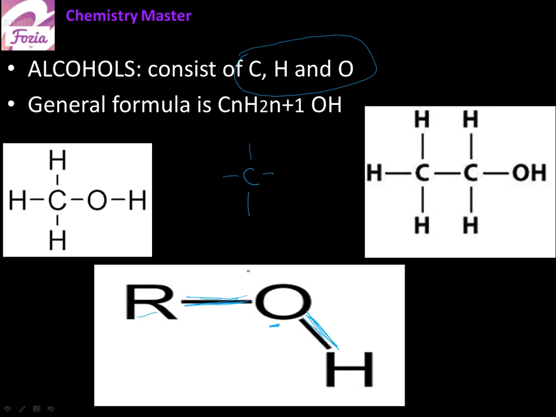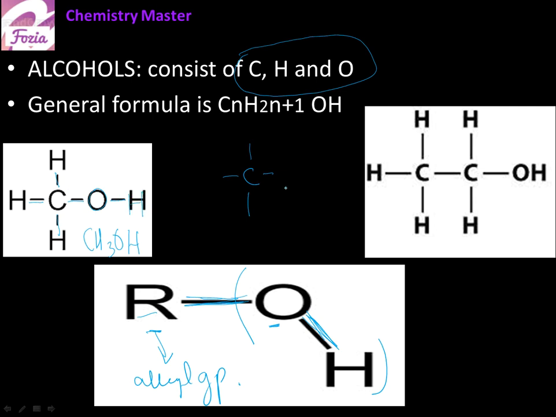So this OH becomes the functional group and the R is the alkyl group. Now, the one-carbon alcohol is CH3OH, that's methyl alcohol, and you see the tetravalency of carbon is established and this OH group is the functional group.